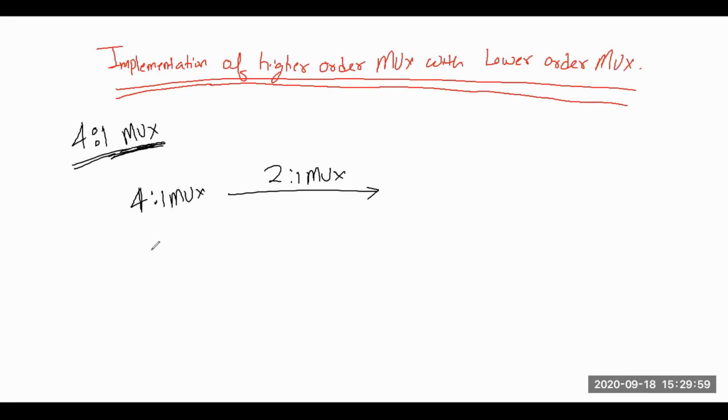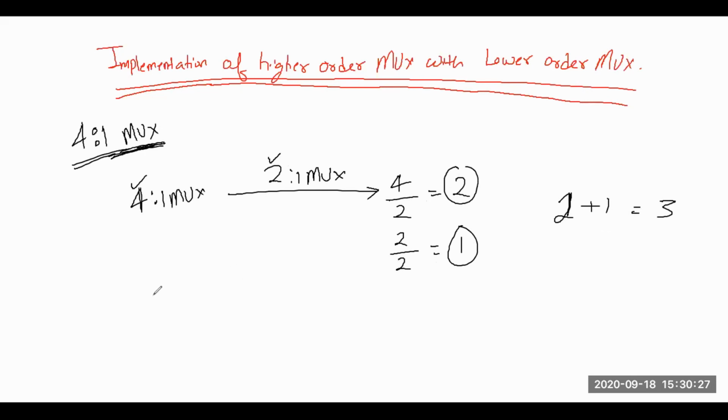One way of calculation is you take this 4 divided by 2, you get 2. Then again you take this 2 and divide by 2, you get 1. Means the total number of 2 is to 1 multiplexers is 2 plus 1, that is 3.